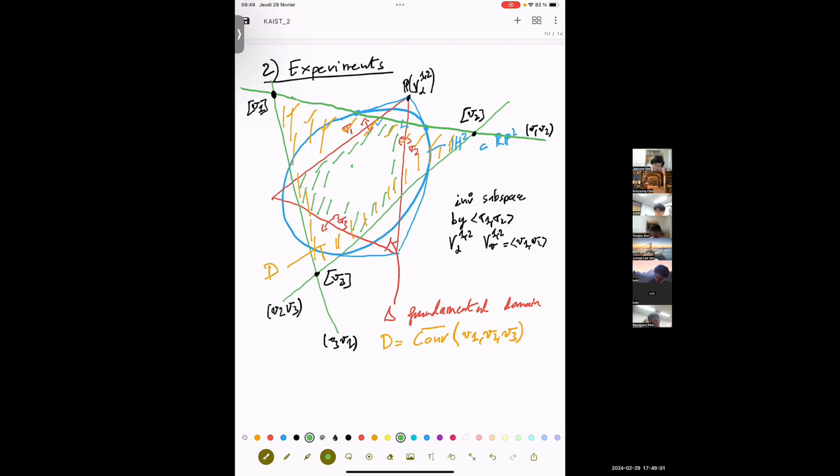And in green, it's delta intersected with D. And it's a fact that if you look at the action of rho W on the convex hull of the limit set, lambda of rho W, then delta intersect with D is a fundamental domain for this action.